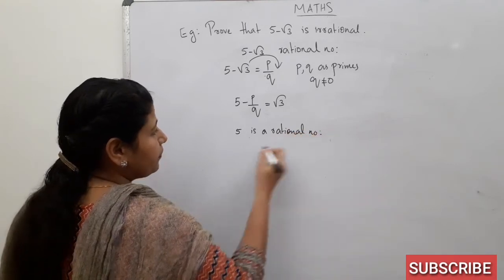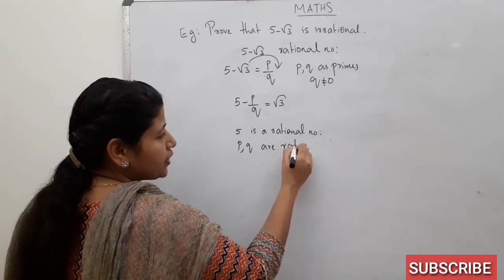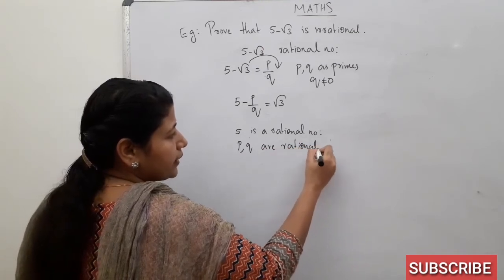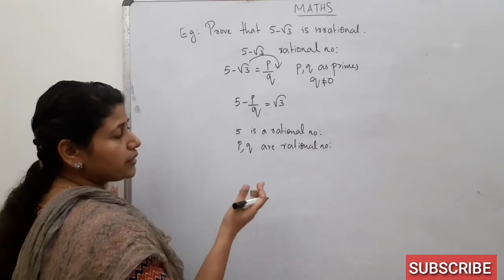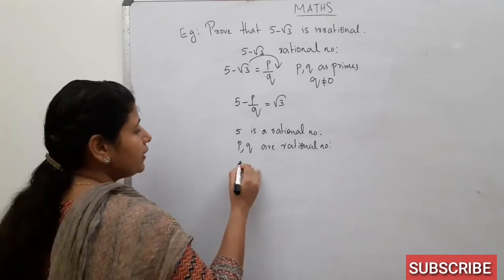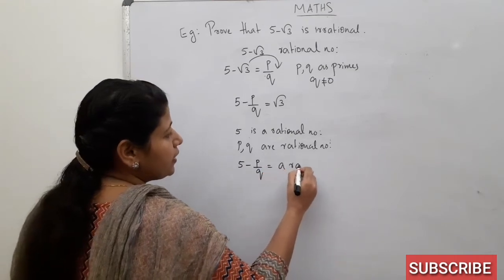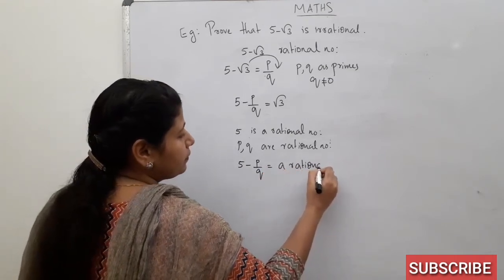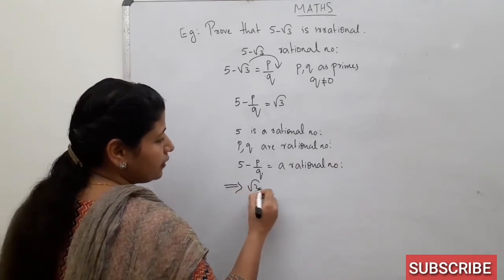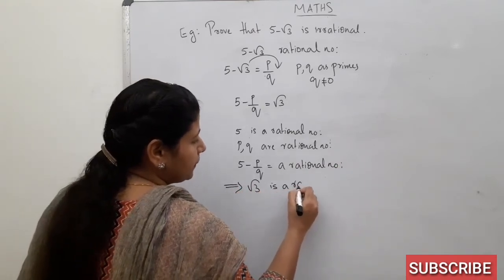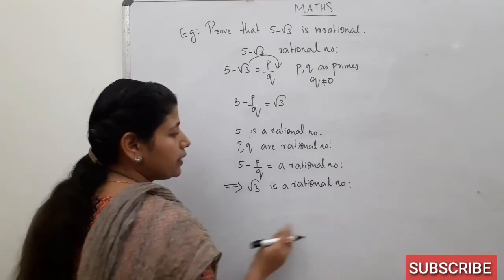P and Q are also rational numbers. The sum and difference of rational numbers are always rational numbers. Then 5 minus P by Q must be a rational number, which means root 3 must be a rational number.